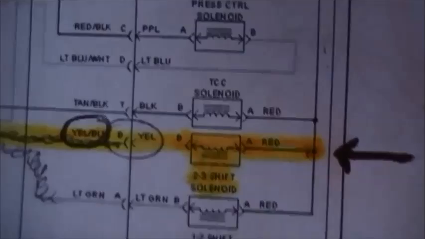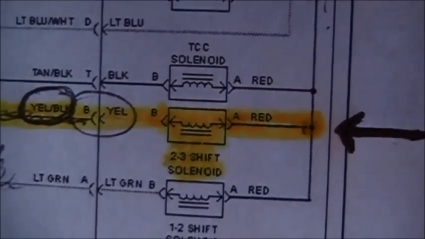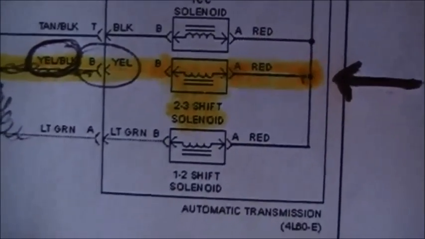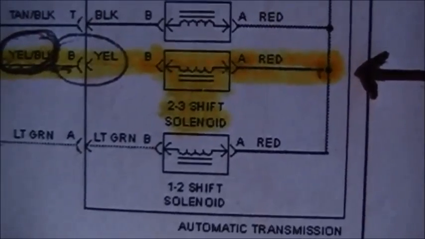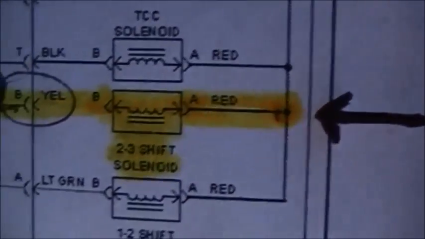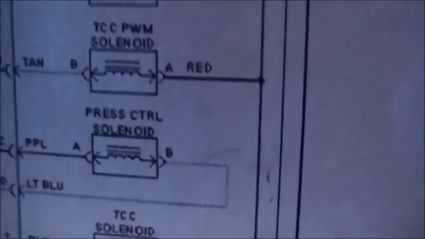All right. Next step. One thing I forgot to mention is that the computer controls the solenoids by ground. Okay, if you look over here on the diagram, you have the TCC solenoid, the 2-3 shift solenoid and the 1-2 shift solenoid. On the back side, you see red wires. Those are your voltage wires.